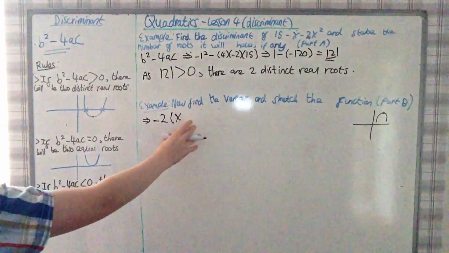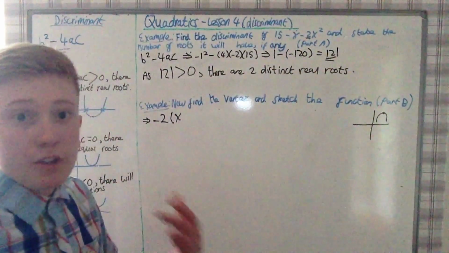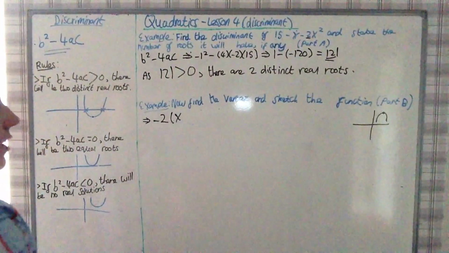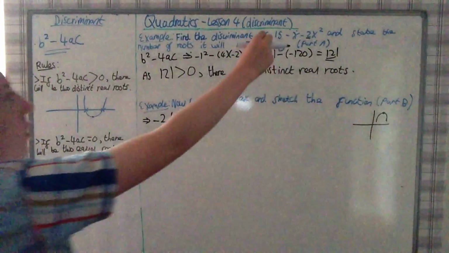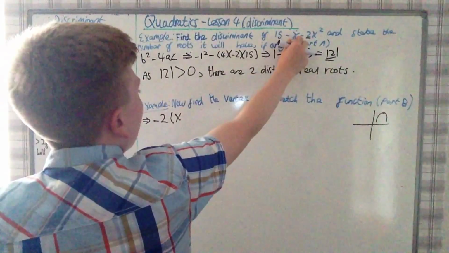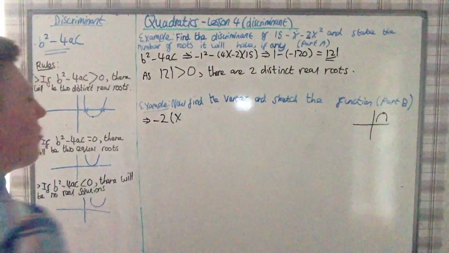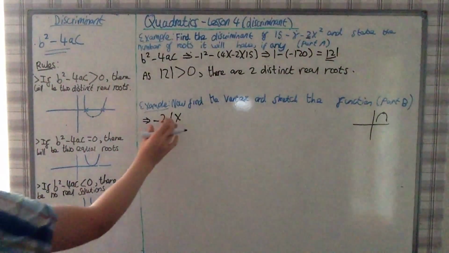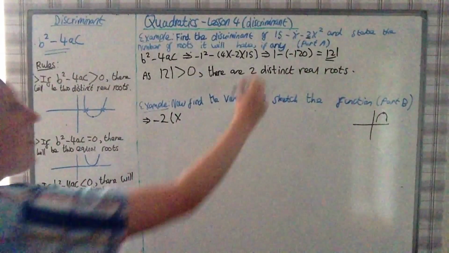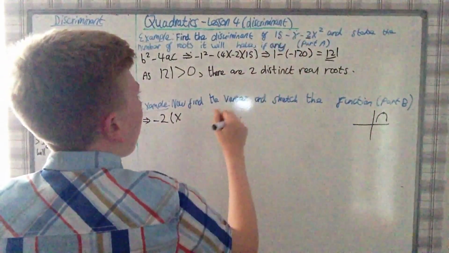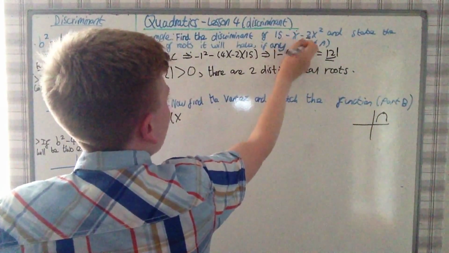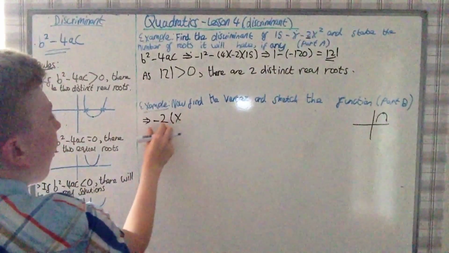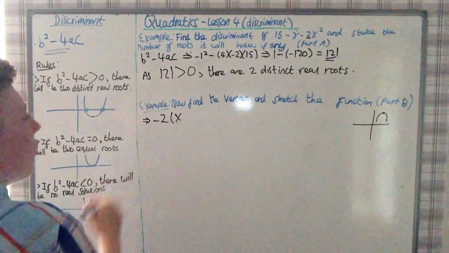Now remember, whenever we complete the square, looking back to my previous video, lesson 2, if you want to go back and check, we halve the value of b and put that inside the brackets. However, here we're taking out a factor of 2 also, so we're having to halve our value of the coefficient of x, which is -1, and then we're having to halve it again, take out another factor of 2.